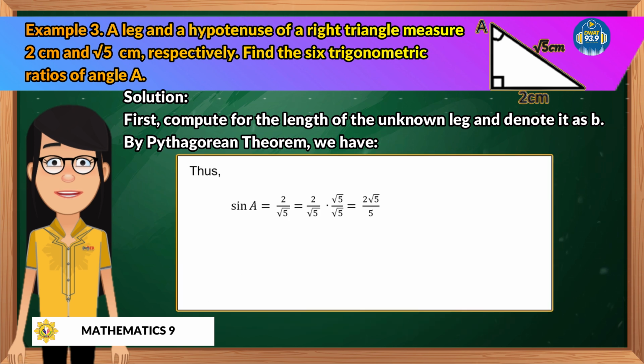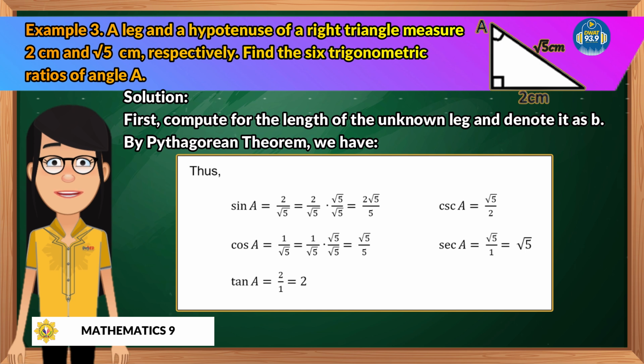Thus, sine A is equal to 2 over the square root of 5, or 2 square root of 5 over 5, and its reciprocal cosecant A is equal to the square root of 5 over 2. Next, for cosine A, we have 1 over the square root of 5, or the square root of 5 over 5, and its reciprocal secant A is equal to the square root of 5 over 1, or the square root of 5.